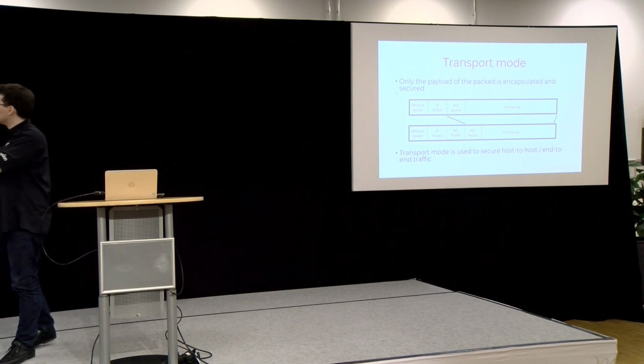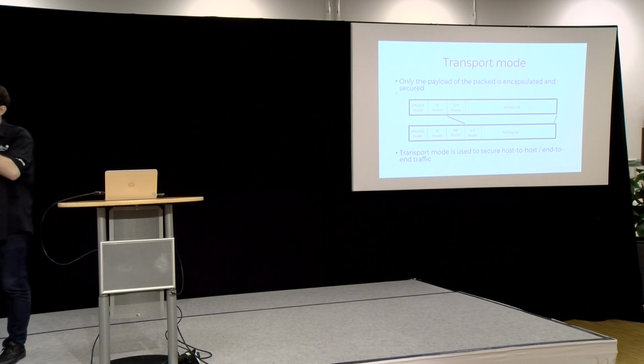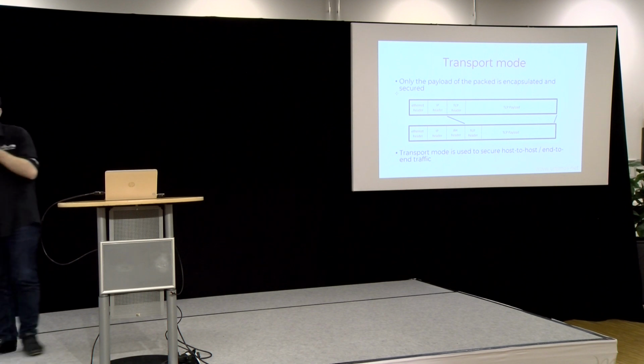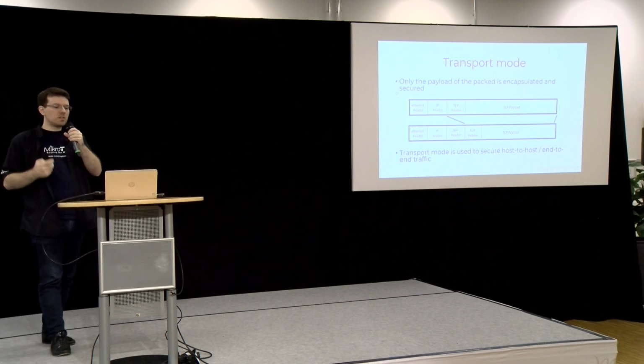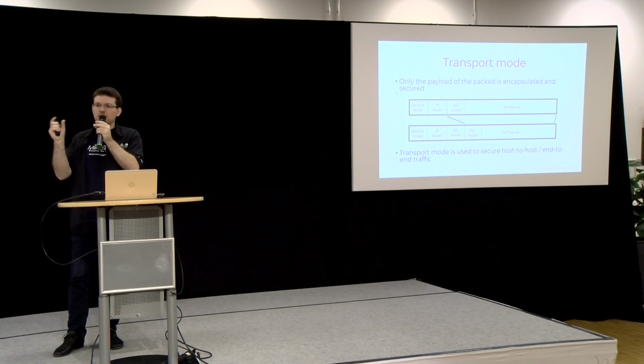So in transport mode, as we said, only the layer 4 part of the payload is encapsulated into an IPsec packet and transmitted. So transport mode is used to secure host-to-host, end-to-end traffic between 2 direct IPsec peers.